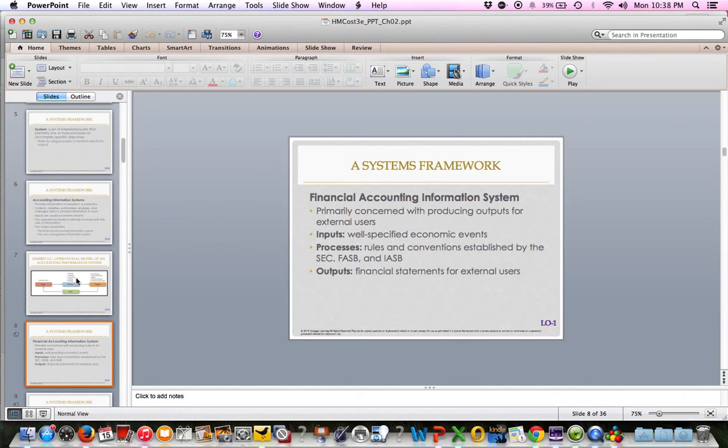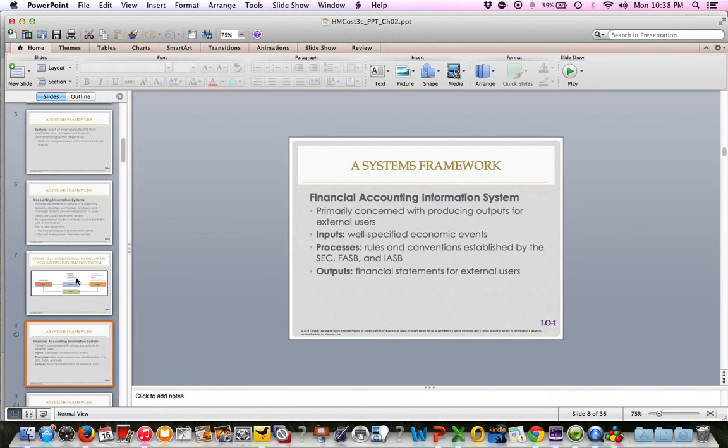Financial accounting systems are really concerned with producing outputs for external users. Your inputs are those economic events, those transactions that happened. The processes: that data is processed based on certain rules, from the SEC, the Securities and Exchange Commission, the FASB, and the IASB, the International Accounting Standards Board.